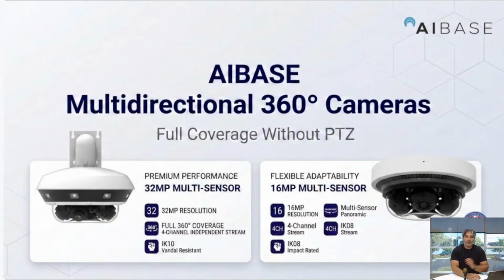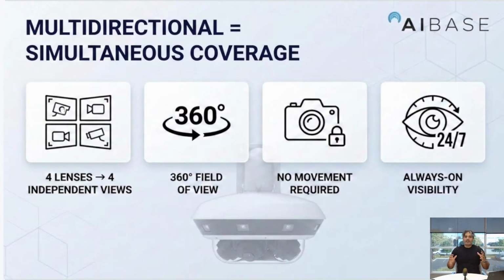Okay, so let's start with how this technology actually works. Next slide, please. So multi-directional cameras, like I talked about, use multiple lenses, typically 4. And you'll see that when we talk about our specific AI-based models for today's conversation.